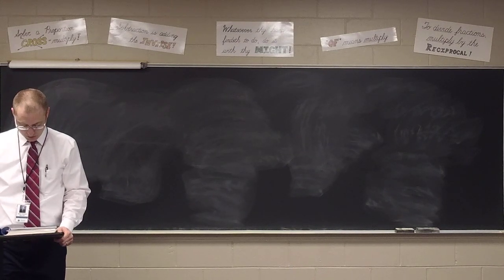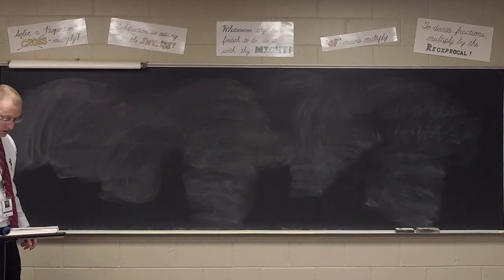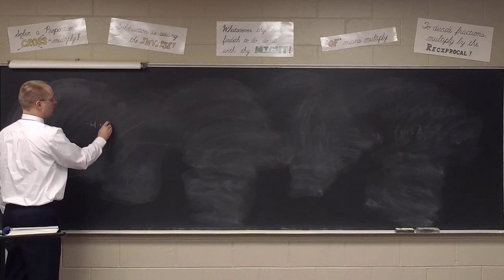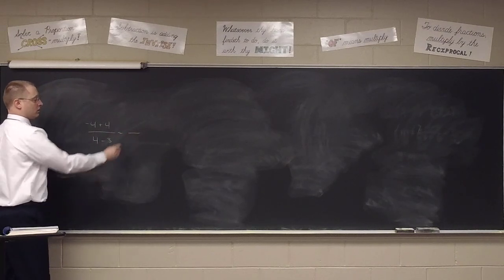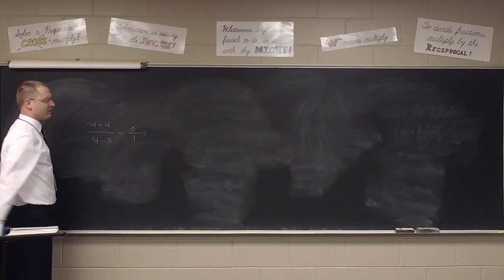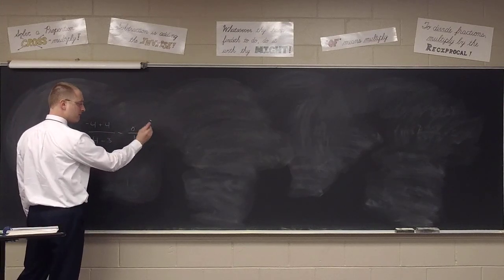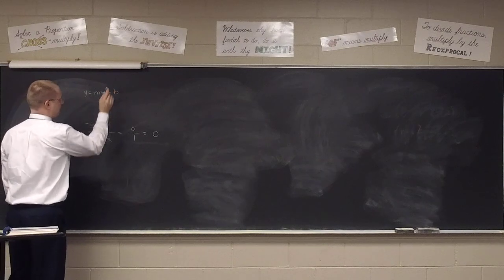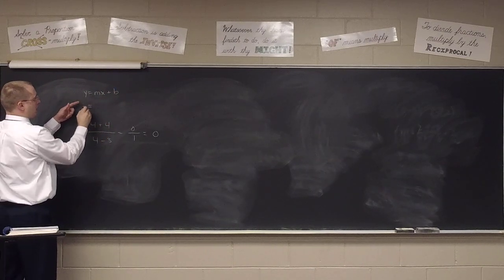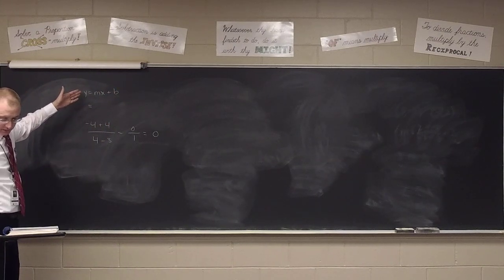Negative 4 plus 4 over 0 over 1. Or in other words, 0. So when we write down our y equals mx plus b, Brecken, what do we write for the y?